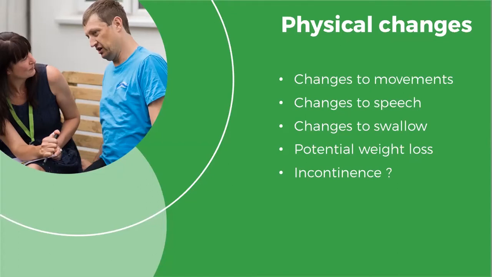The other issue with movement is around voluntary movements. So those are the ones that the person wants to make. And they're sometimes more subtle, you might not notice them, but actually might be more of a struggle for the person with Huntington's. So what we're looking at in the early stages is the really fine motor skills, so issues with handwriting or doing up buttons, etc. And it's a movement that they want to make, but sometimes it doesn't quite happen how they wanted it to.